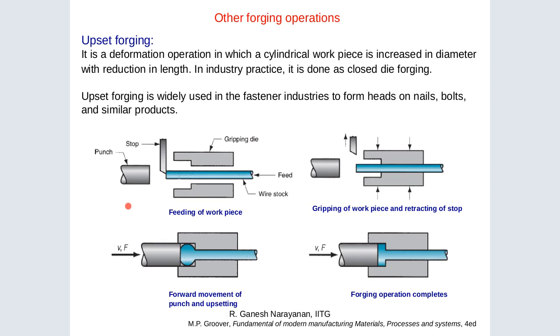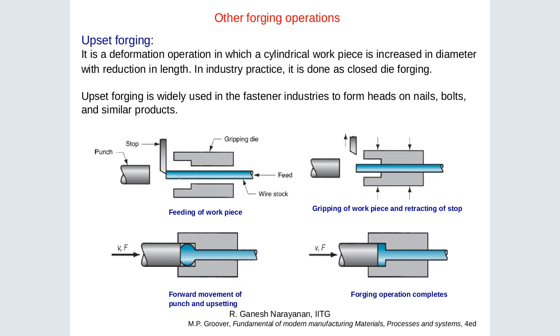So you can see there, upset forging is widely used in the fastening industries to form heads on nails and bolts and similar products. Now you can see how it can form a head. A certain shape is given there and it is being pushed in. Now feeding the workpiece, you can see how the workpiece is being fed.